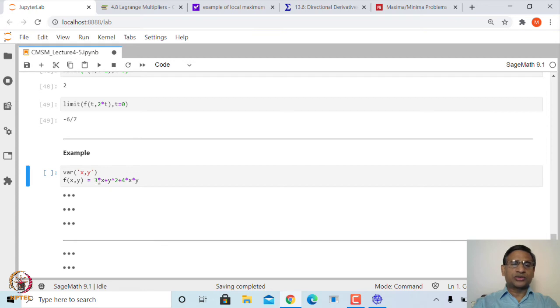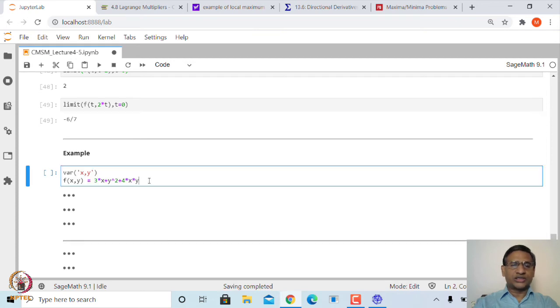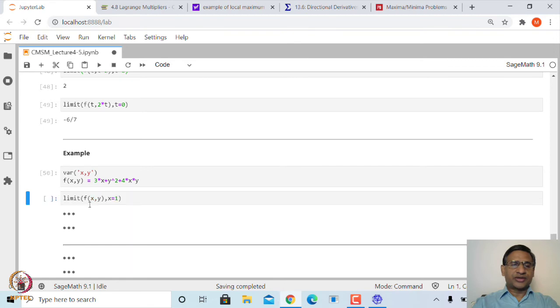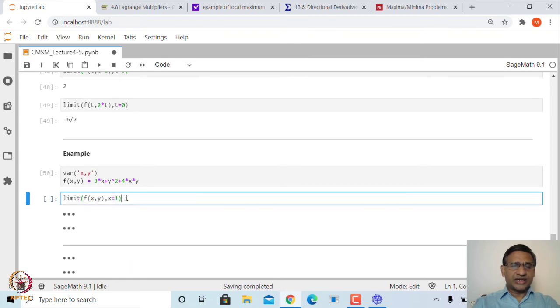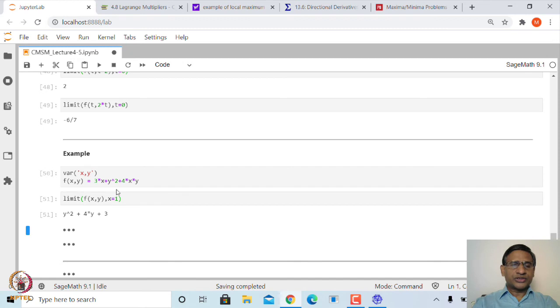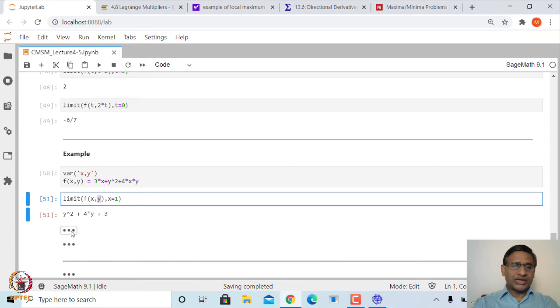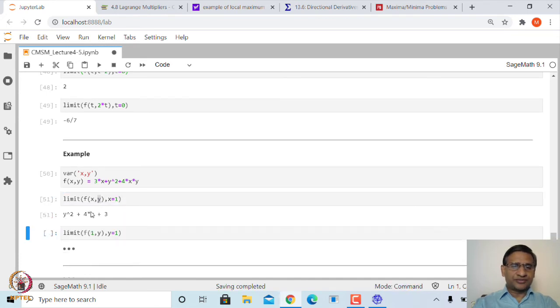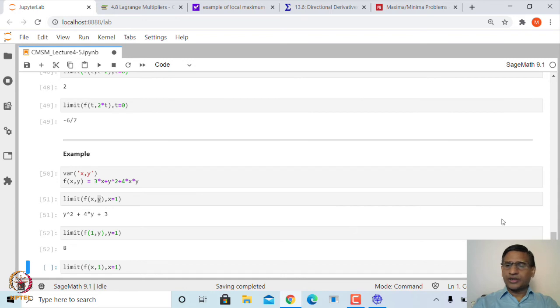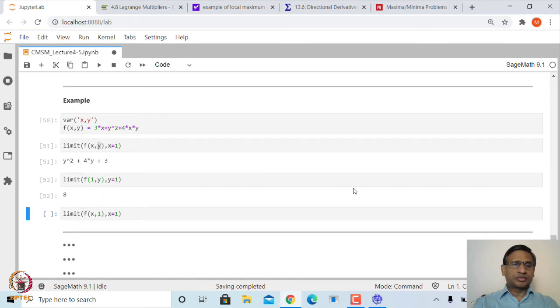Let us say f of x, y is equal to 3x plus y square plus 4xy. In this case, we can first find the limit at x equal to 1 for any value of y. That is a function of y, and again we can find the limit of this at y equal to 1. So in particular, we are finding the limit first with respect to x and then with respect to y.